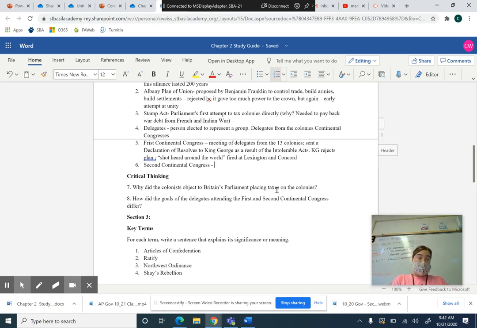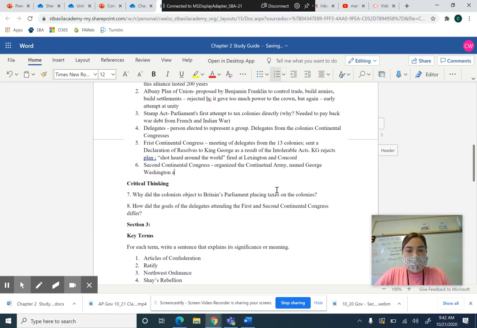And so we have the Second Continental Congress. Tell me a little bit about that. It organized the Continental Army. And then they named George Washington as commander. And then the Revolutionary War began as a colony independence movement. Excellent.